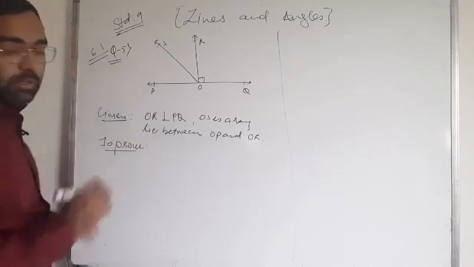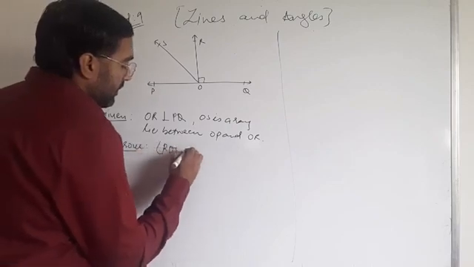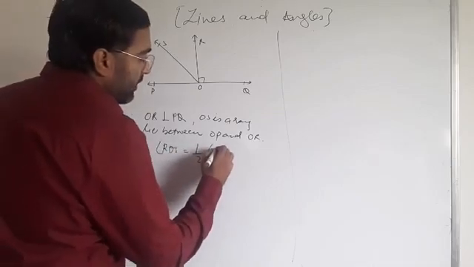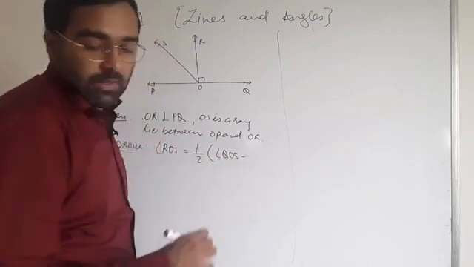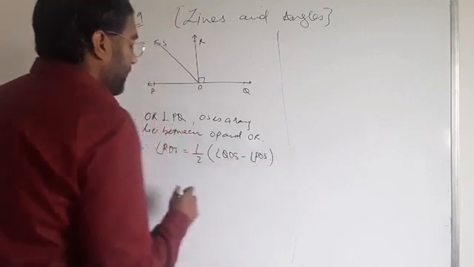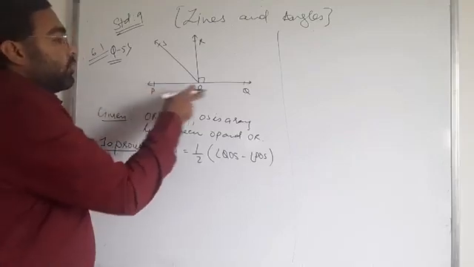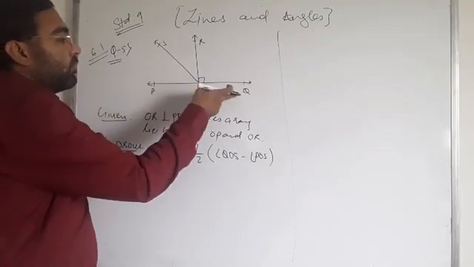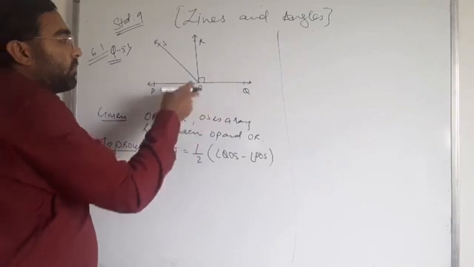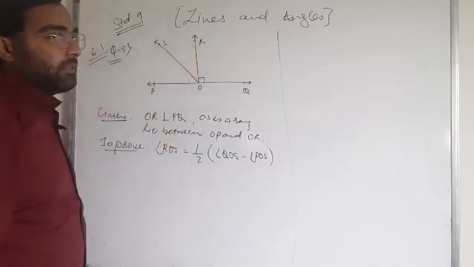What we have to prove is that angle ROS is equal to half of, in brackets, angle QOS minus angle POS. You have to prove that this angle ROS is equal to half of the subtraction of angle POS from angle QOS.